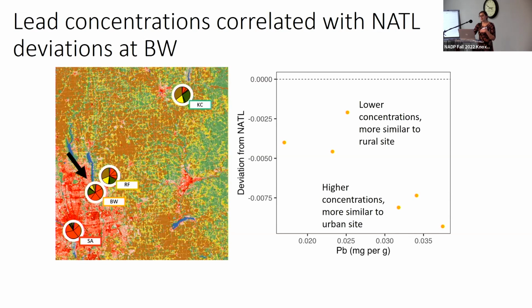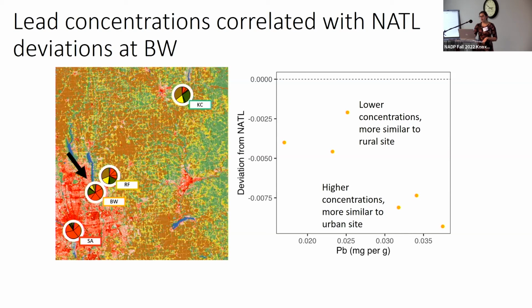So when there are lower concentrations of lead at this site, it seems like the isotopic signature is more like rural sites. Whereas when the lead is higher concentration, it seems like the lead is more similar to the urban site. But you see this potentially because this site is located right on the edge, sometimes it gets more of the urban signature, sometimes it gets more of the rural signature.